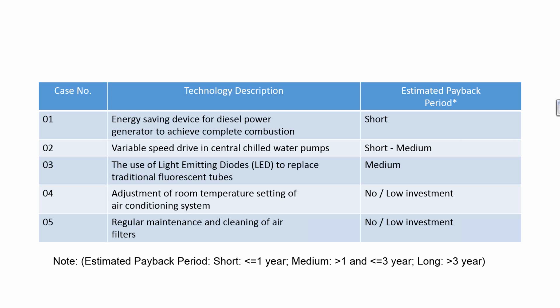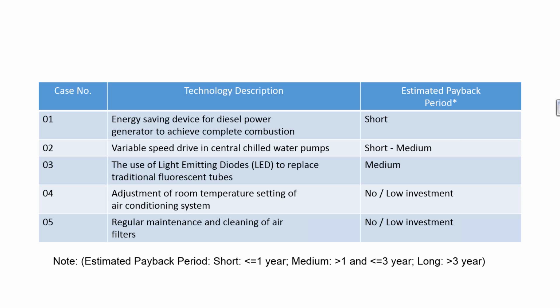Well, I have 5 cases on that. I'll tell you each one of them. Case 1 is regarding energy saving device for diesel power generator. Number 2 is variable speed drive in central chilled water pumps.